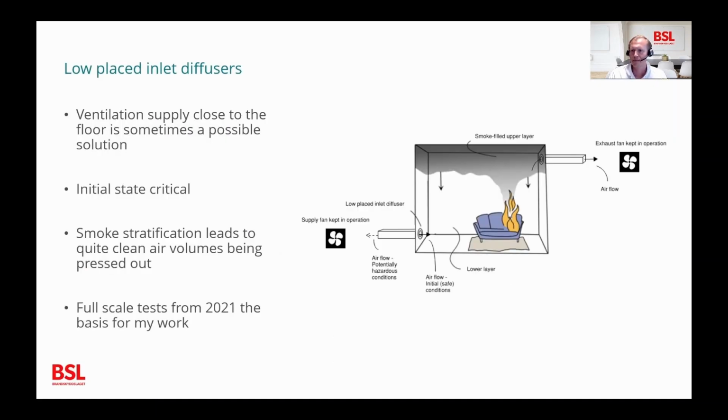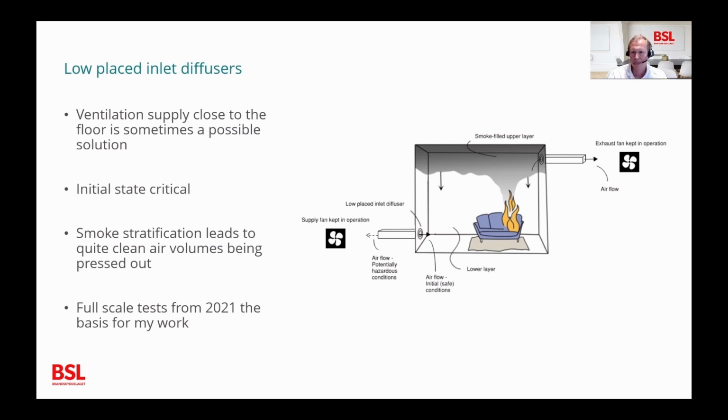The main theory behind low-placed inlet diffusers is that the greatest risk for smoke being spread through the ventilation system occurs in the initial high-pressure stage of the fire. During this stage, we have a pressure buildup and the smoke layer reaches the floor.